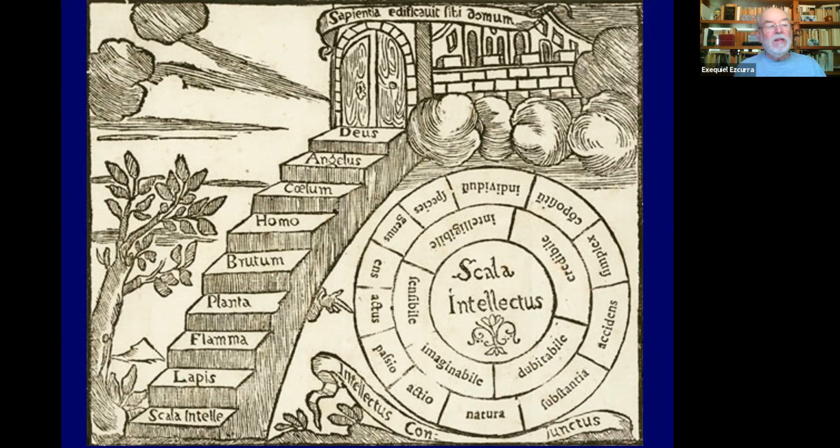So this was basically the understanding of nature and the traditional teachings of how nature is classified and organized for almost 1,500 years, until some revolutionary new thinking started appearing in the 13th century.